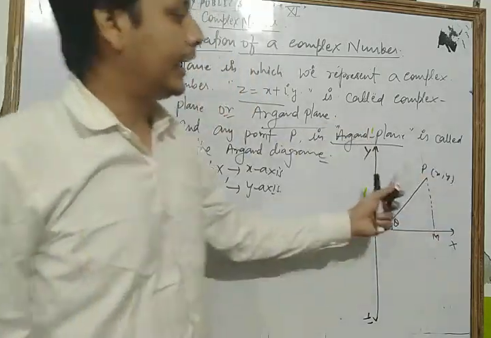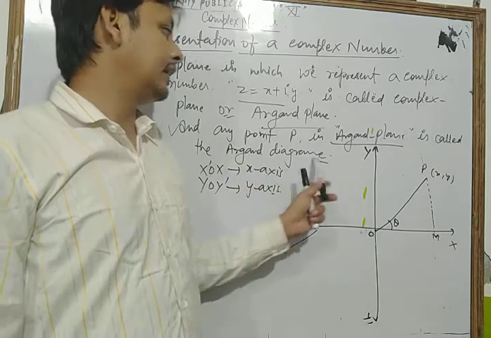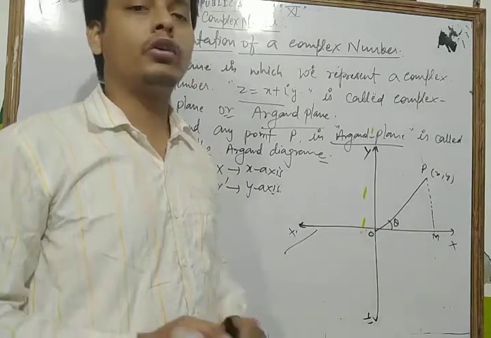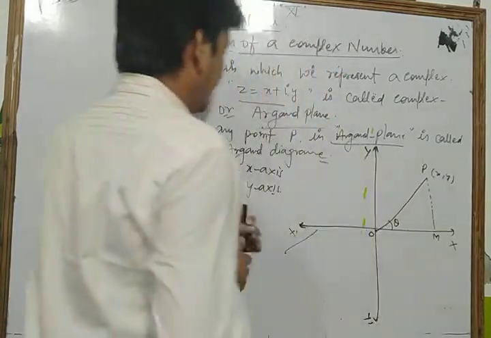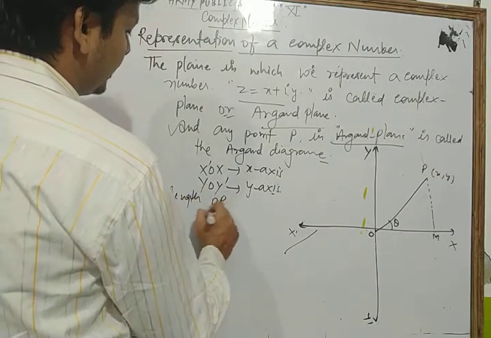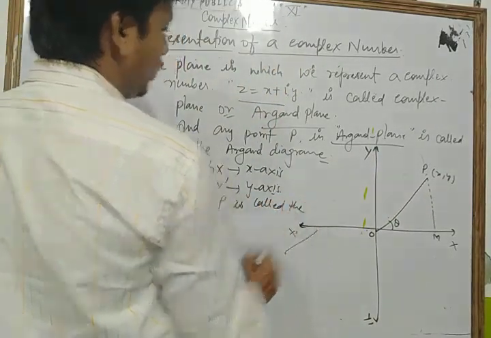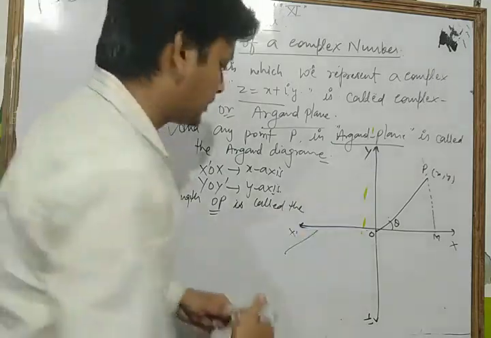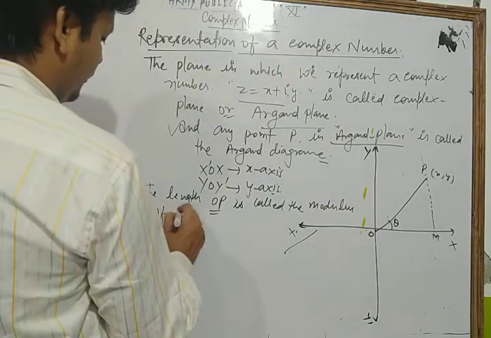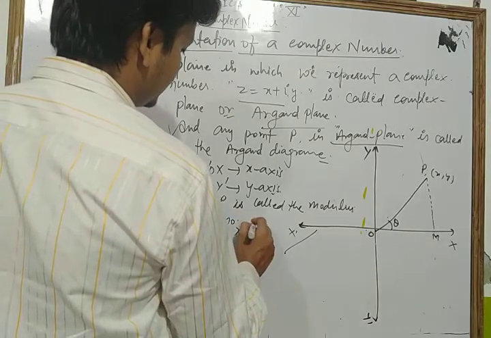Now let's see the figure. Here the point P represented as (x, y) is known as the Argand diagram, and the length of the line OP is called the modulus of the complex number z is equal to x plus iy.